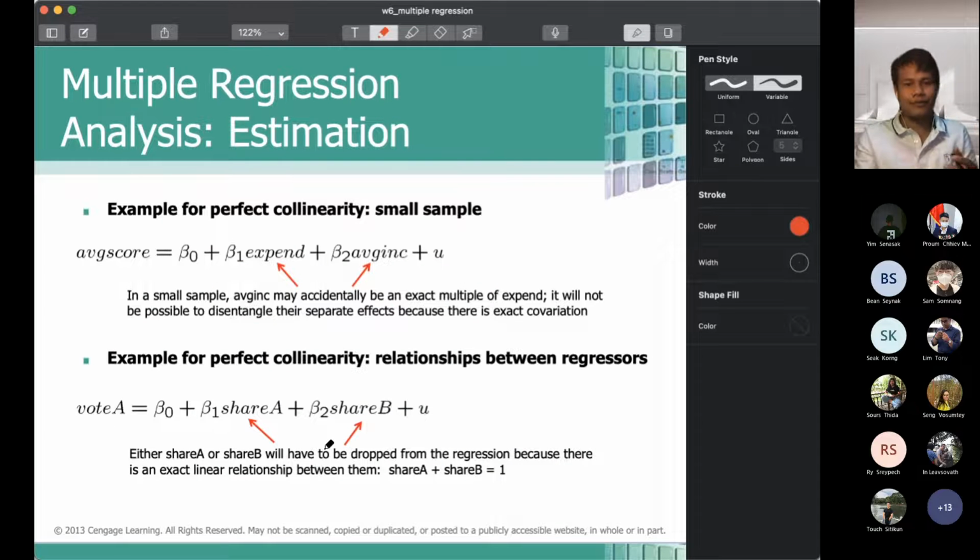Here's an example of perfect collinearity with a small sample. Class, for instance, I conduct an interview with you guys because I want to estimate the effect of expenditure on average score, but I also want to control for income.